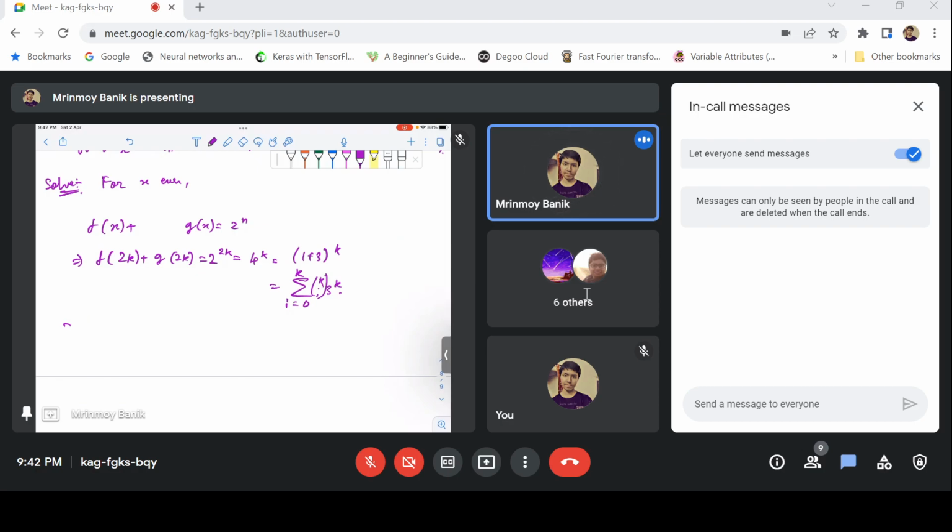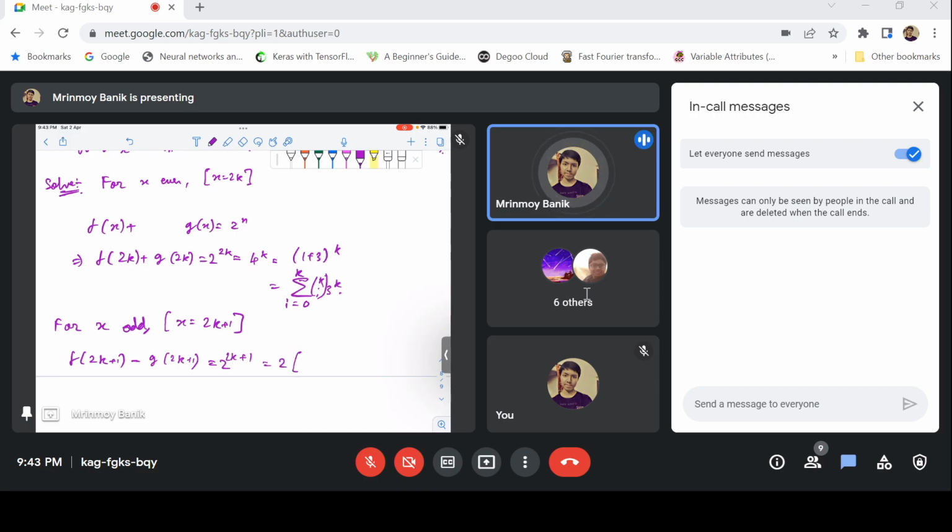Similarly, for x odd, we have x equals 2k plus 1 for some k. Sorry. So for 2k plus 1, since minus 1 for odd is minus 1, f(2k+1) minus g(2k+1) equals 2 to the power 2k plus 1.